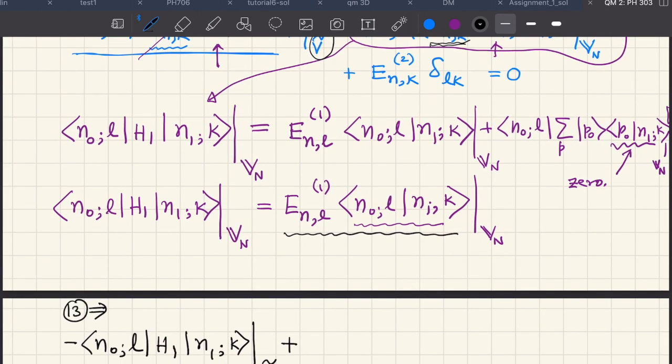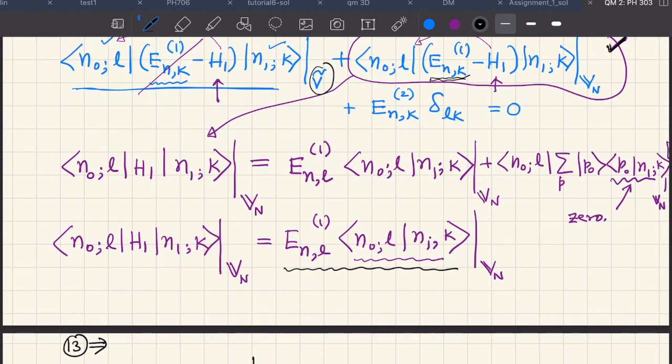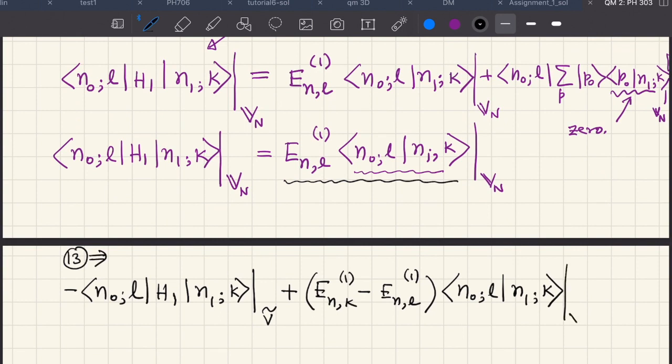So we will have something like E_{n,K}^1 minus this will give us E_{n,L}^1 and then ⟨n0L|n1K⟩, and everything is in the degenerate subspace.